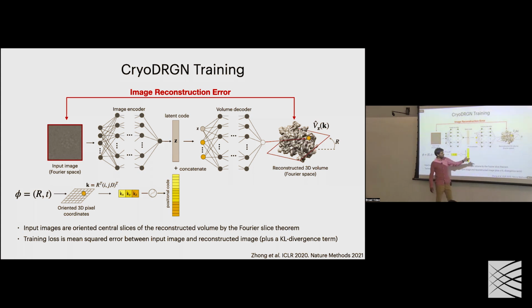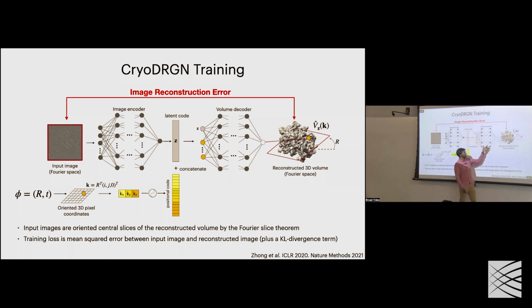So what we can do, and also recall that the neural field maps a single coordinate in space to the density at that space. If we assume we know the pose for this image, the orientation, we can evaluate the decoder along each one of the points corresponding to that pose, right? So we know that this image fits into the volume in some specific pose.